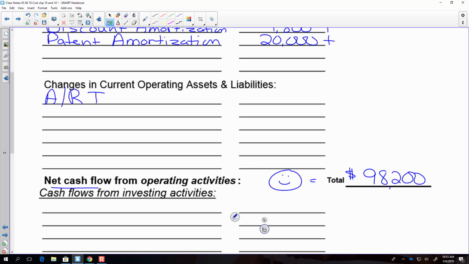Increase. Increase by 10, right? So which direction do I go with that? Is that a source or use? Use. Very good. Excellent. The increase in accounts receivable is a use of cash.